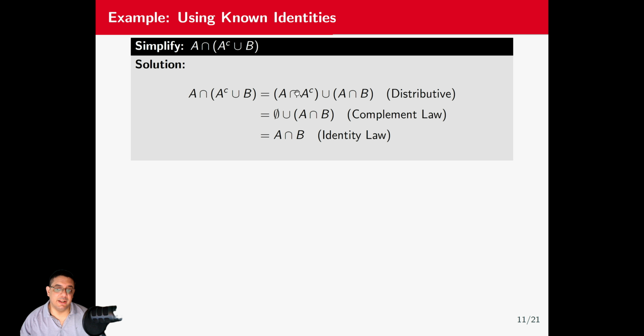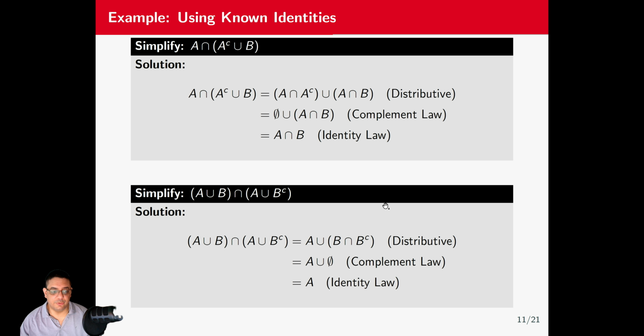Now, by the complement law, A intersected with A' is empty. There's nothing in there, nothing common. And so we only get empty ∪ (A ∩ B). But by the identity law, this is just A ∩ B. And so we're done. This is my maximum simplification. I cannot get further than this.